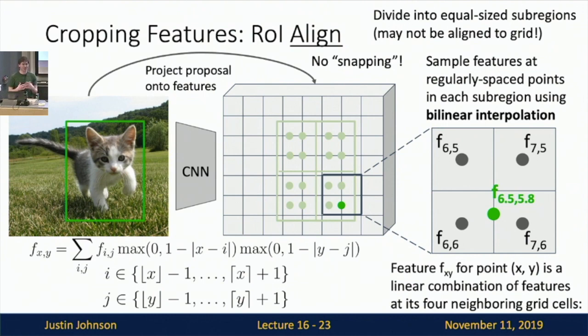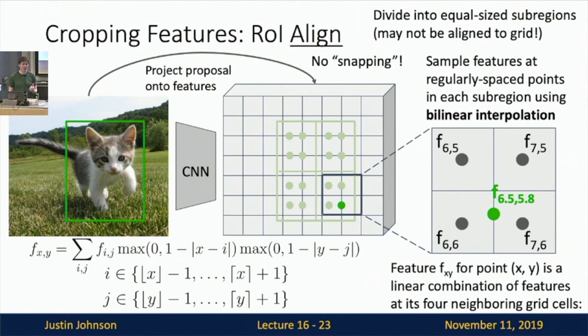But of course, it's a discrete grid, so we can't just pull out a feature vector at that point. Instead, we can do a locally linear approximation to the feature grid and compute a feature vector at this real valued position as a linear combination of the nearest neighbor features that actually appear in the spatial grid.